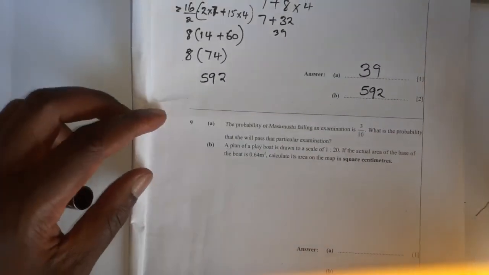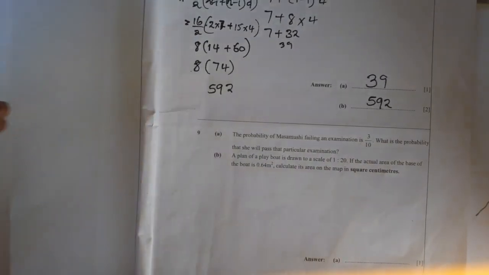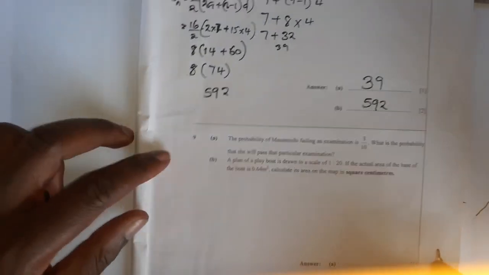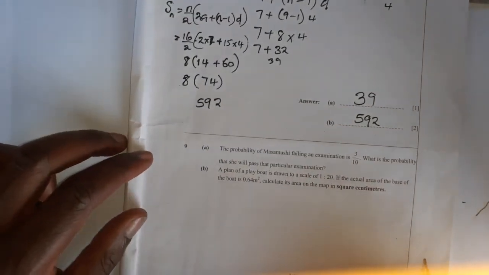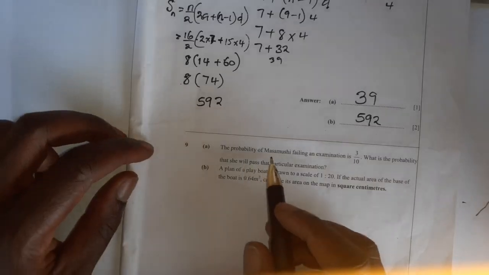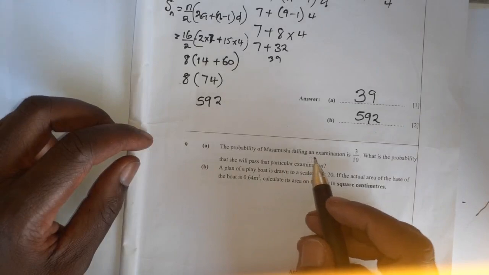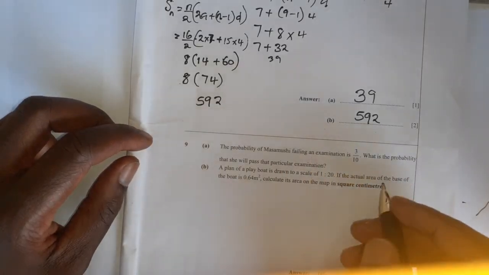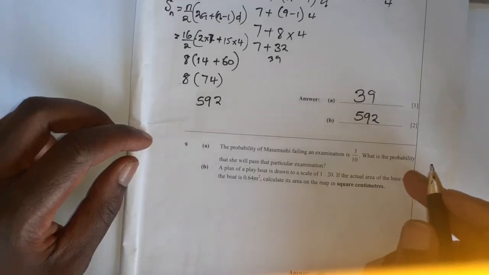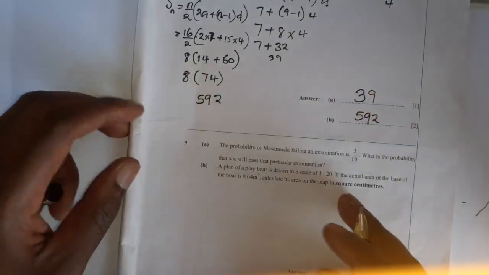So we go to the ninth question. The probability of Masamushi failing an exam is 3 over 10. What is the probability that she will pass the exam?